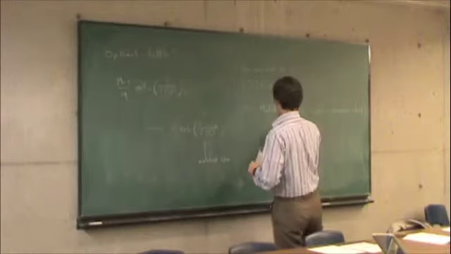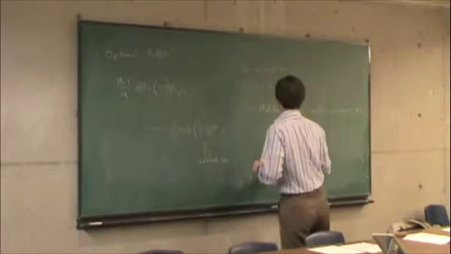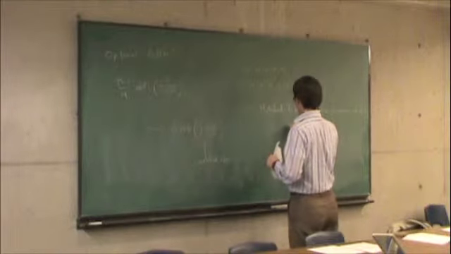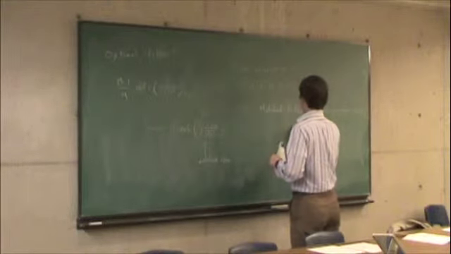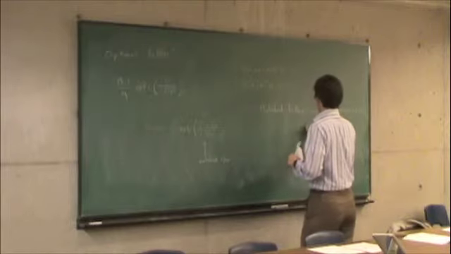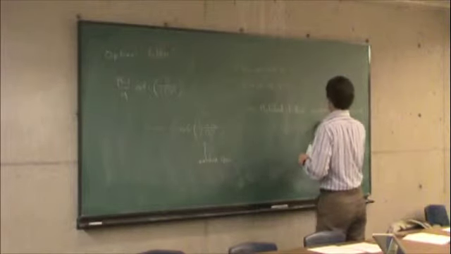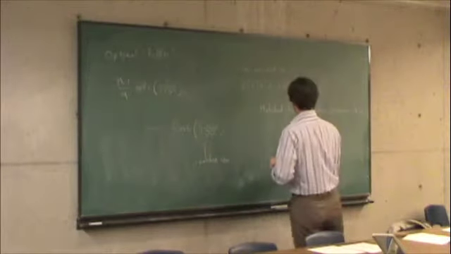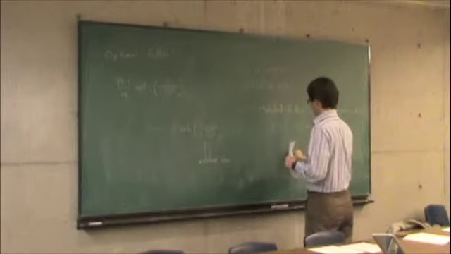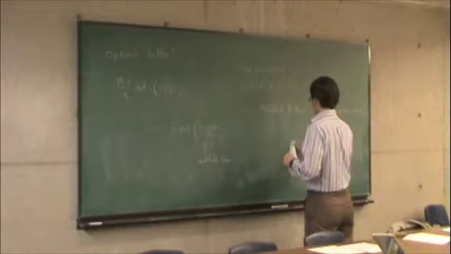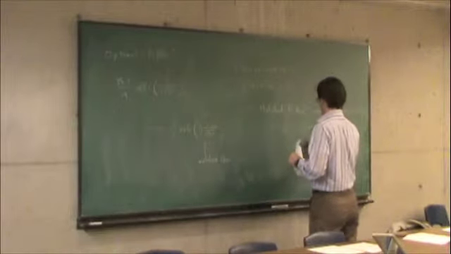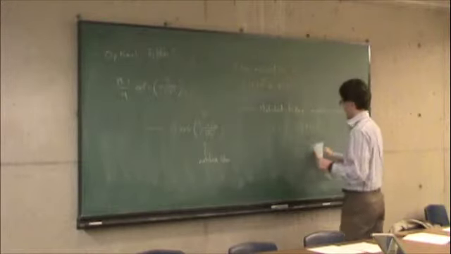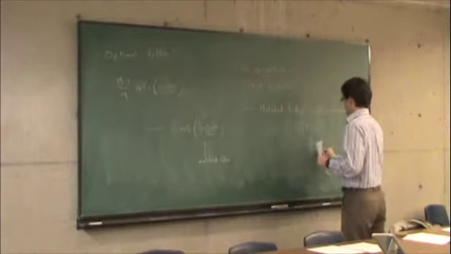My noise-free filter outputs, therefore, are s_i, equal to s_i of k convolved with h of k, evaluated at N_B, which is the sum from i equals 1 to N_B of s_i of k times h at N_B minus i.